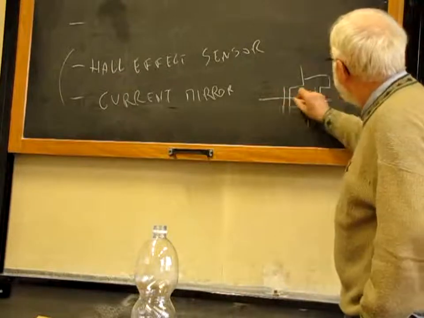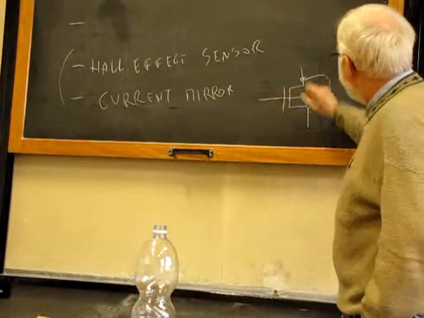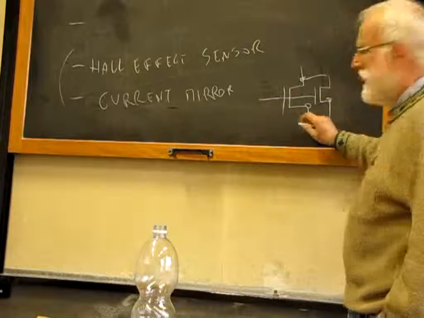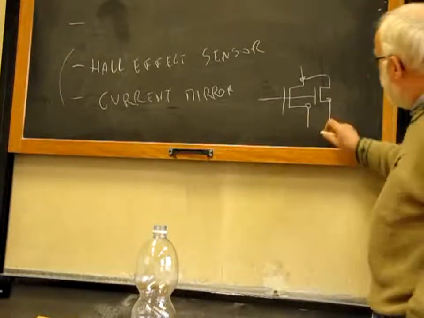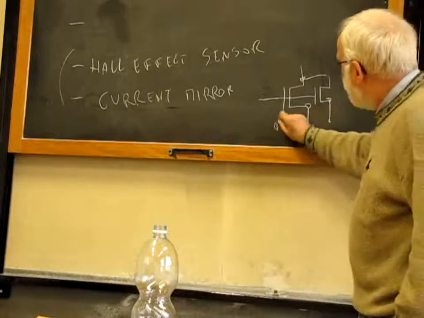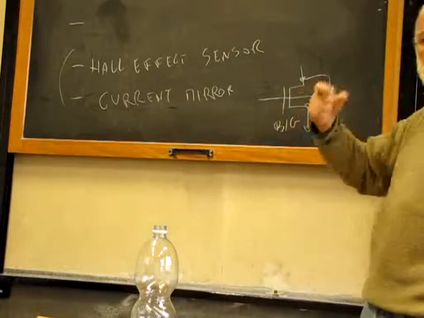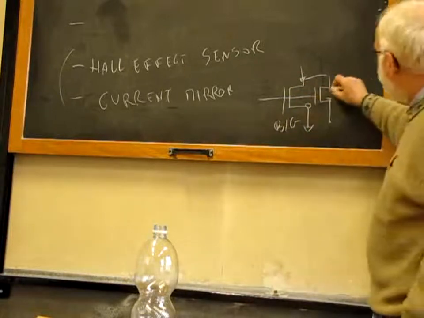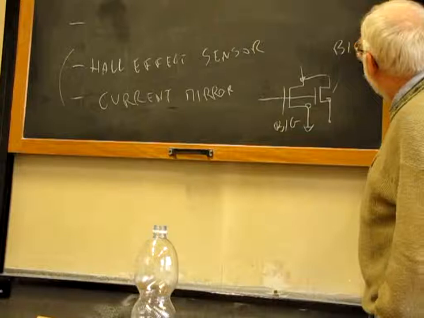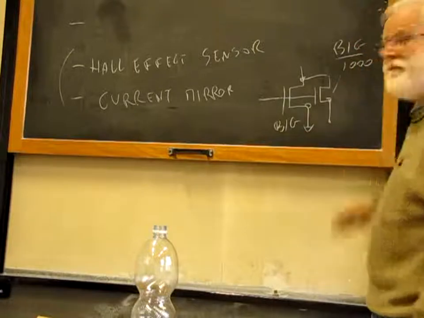The two gates were together, the two drains were together, and the two sources were separate. So that was a big transistor, big area, and this one had an area equal to 1 divided by 1000.